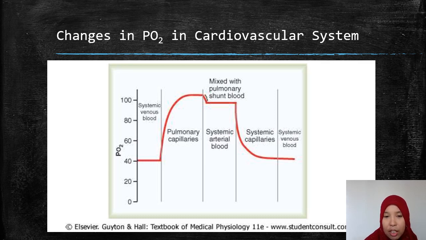The vein travels back to the heart, so this blood from supplying the lung will also join the blood that gets oxygenated, and goes to the heart, and the heart will pump to the rest of the body. So there's a mix with pulmonary shunt blood.